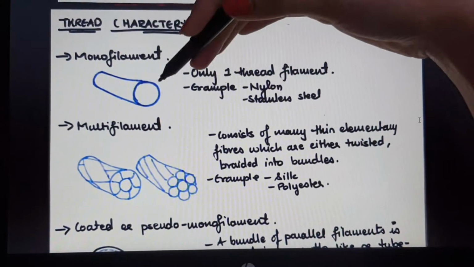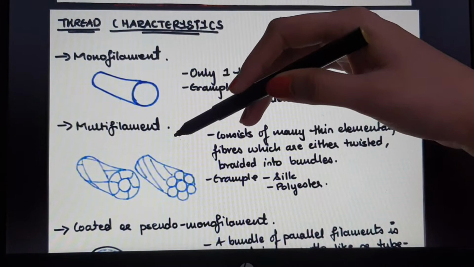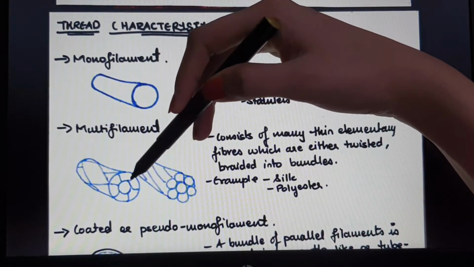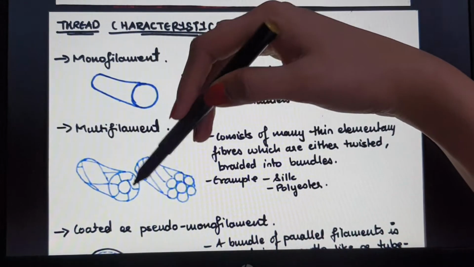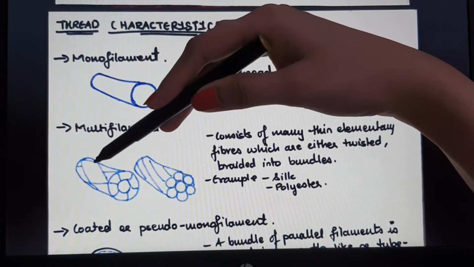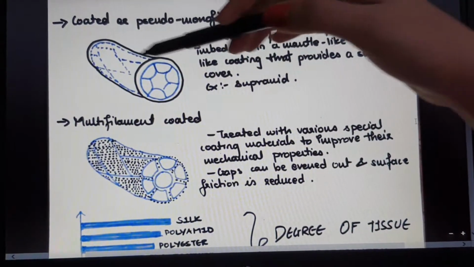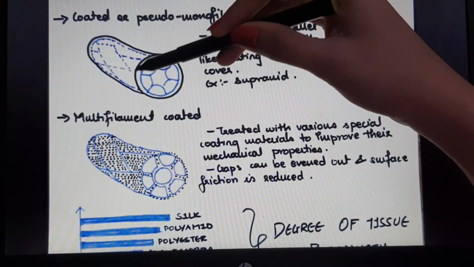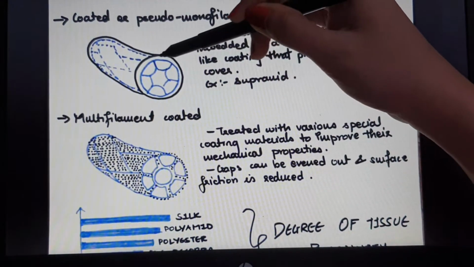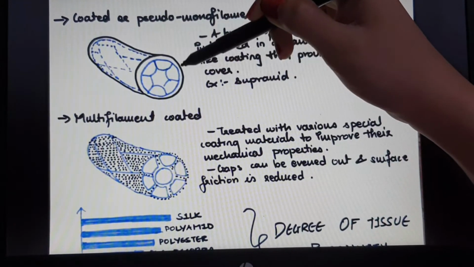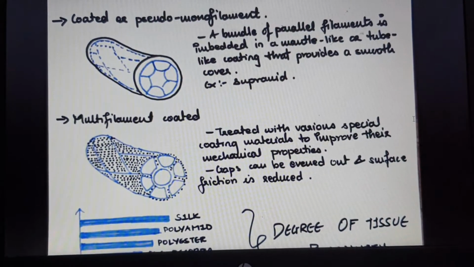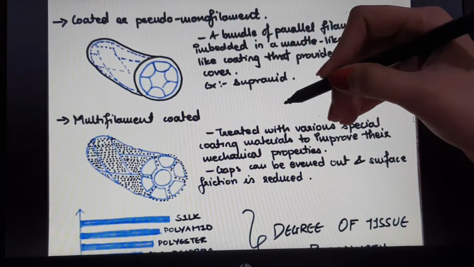Then the multifilament consists of many thin elementary fibers which are twisted or braided into bundles. Then we have the coated, or we can say pseudo monofilament. In this, the thread interior is embedded in a mantle-like or tube-like coating that provides a smooth cover. An example for this is Supramid.